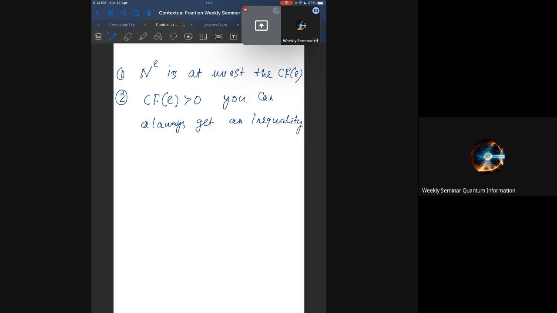So your argument is coming from this first point. You may have many inequalities, and you violate them and get, let's say, NE1, NE2, NE3 from three different inequalities. Among these, I will take the minimum one.